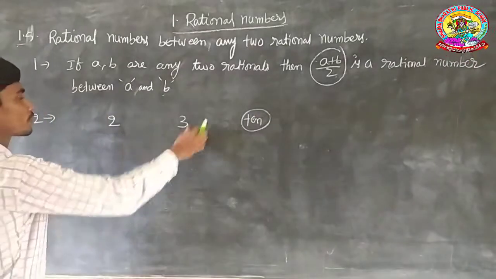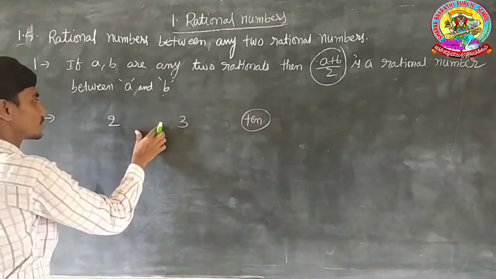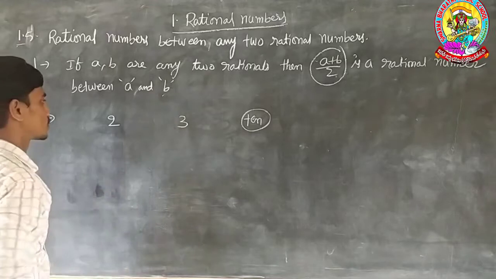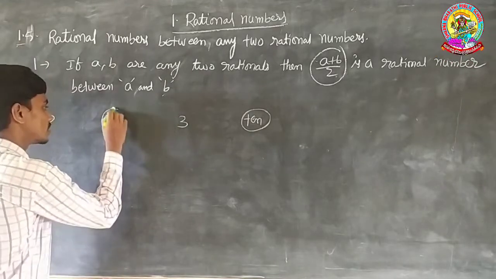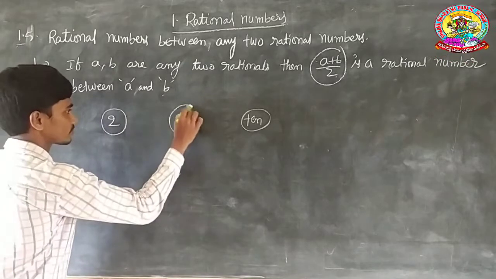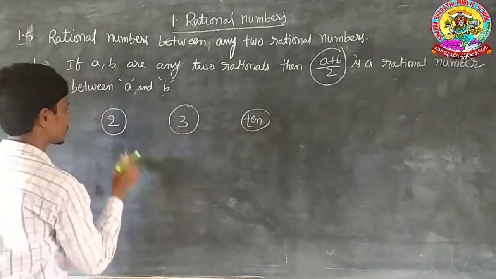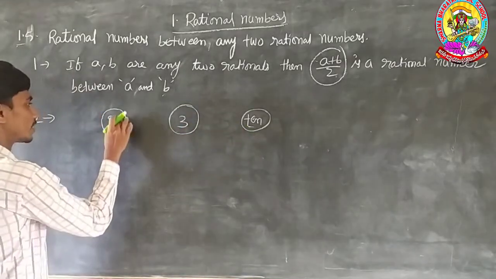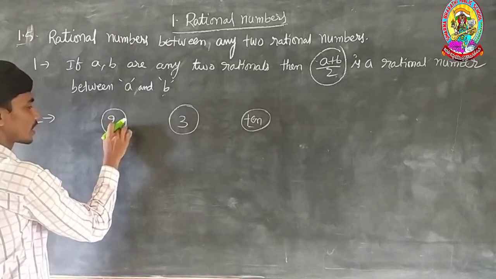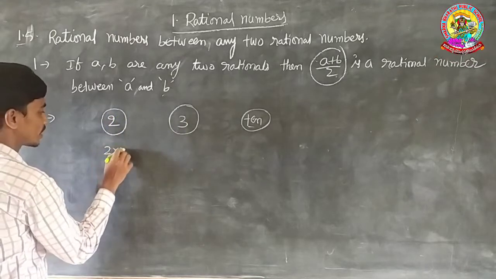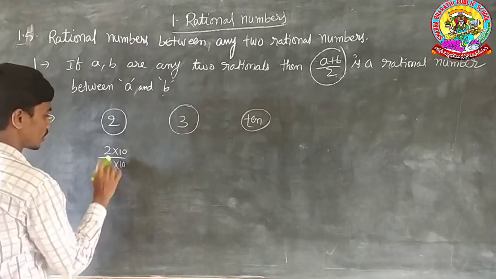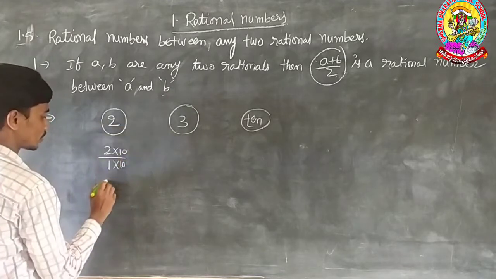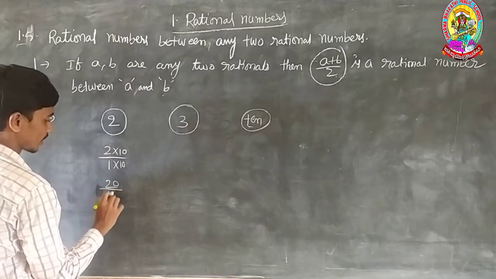If you follow the first procedure, it may take a lot of time and create nuisance. So that's why another method is simply to convert the numbers into fractions. Here 10 is given, so multiply and divide the numerator and denominator by 10. 2 into 10, the denominator is 1, so 2 is converted into 20 by 10.